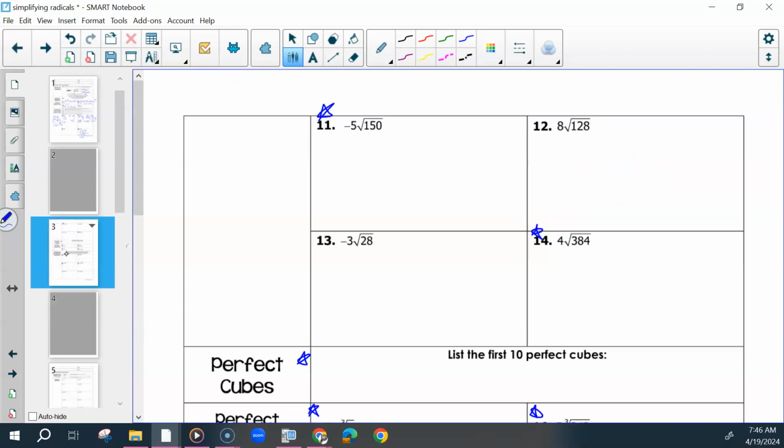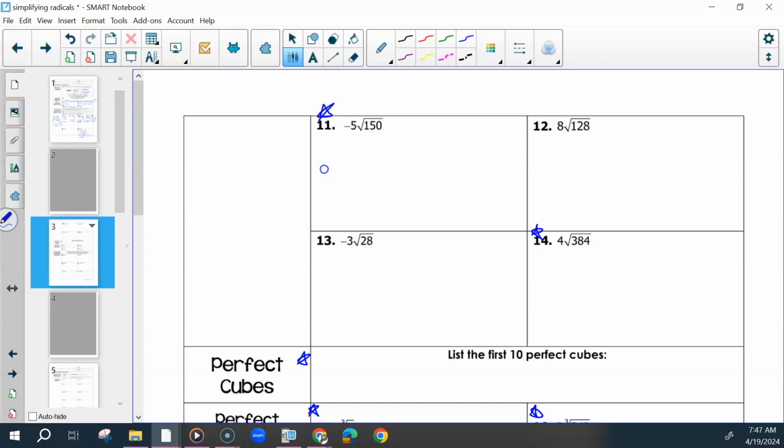Okay, look at 11 through 14. Which of those do we want to go over and have questions for? Perfect squares or breaking it down? Okay. And if you want to do breaking it down instead, feel free to do that.